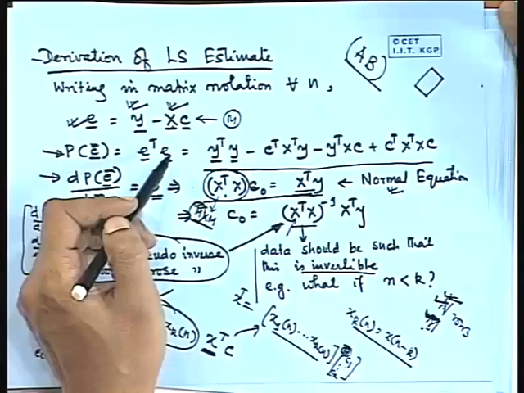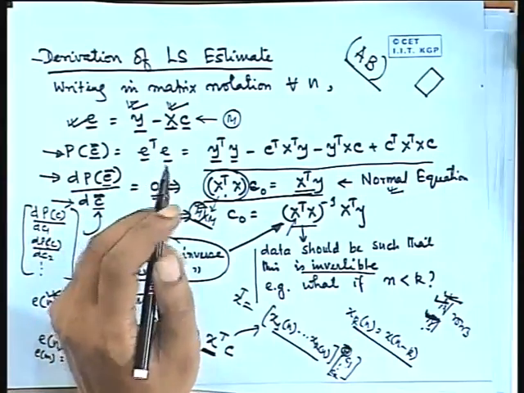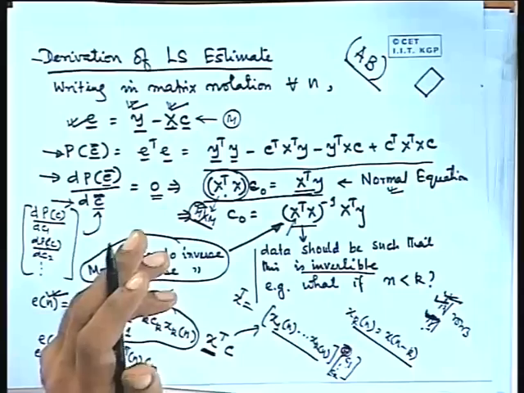Capital N number of equations. So if you have 5 equations and 3 unknowns, what solution do you get? Linear equation solving. No. Either you don't get any solution, I mean, in general you don't get any exact solution.